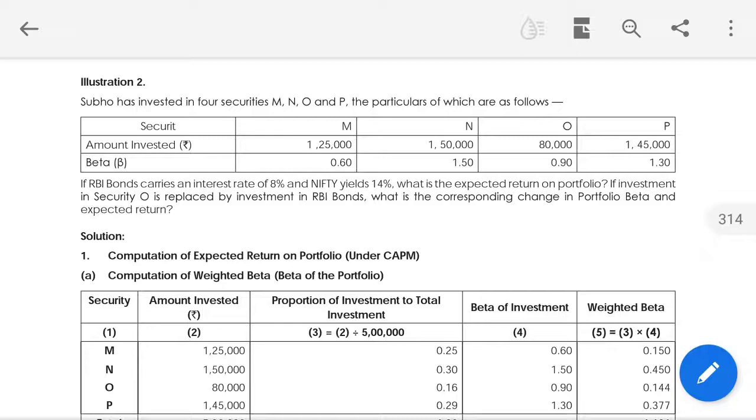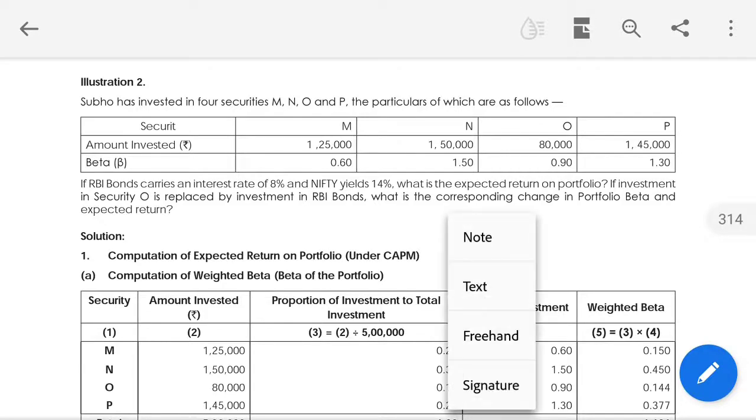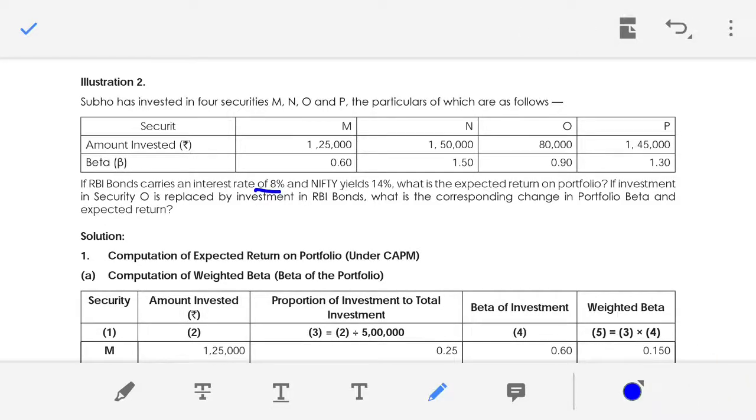Risk-free. So risk-free RF is 8%. NIFTY is what? Market return is 14%. So RF is equal to 8%, RM is equal to 14%. This you need to remember.